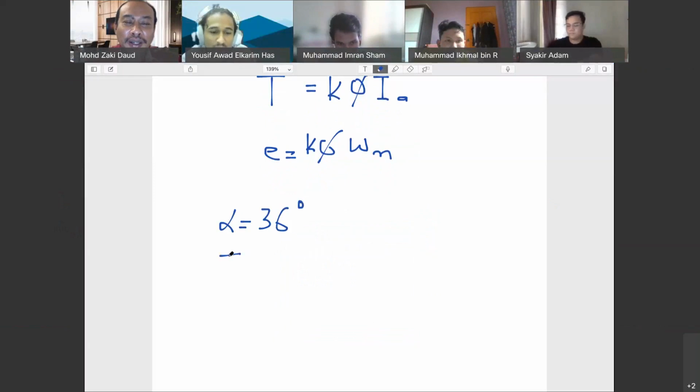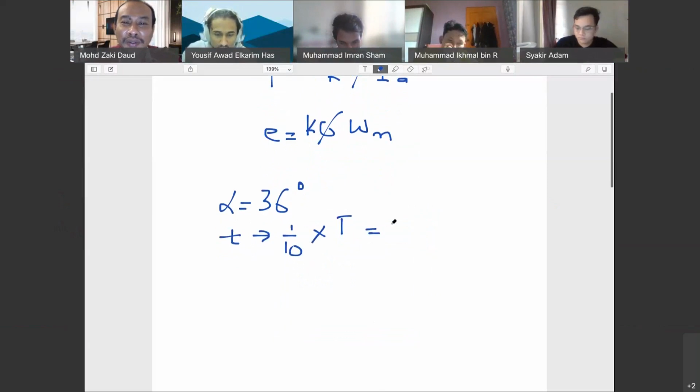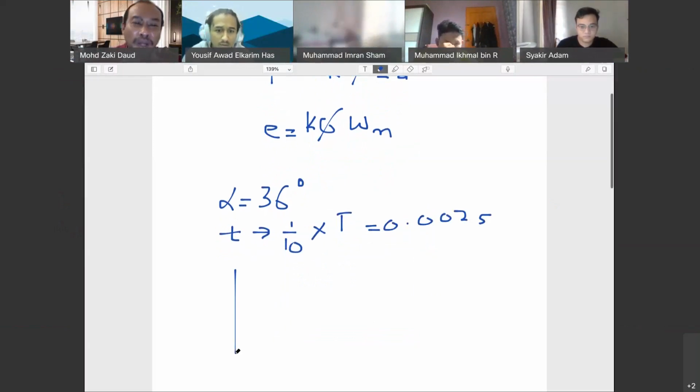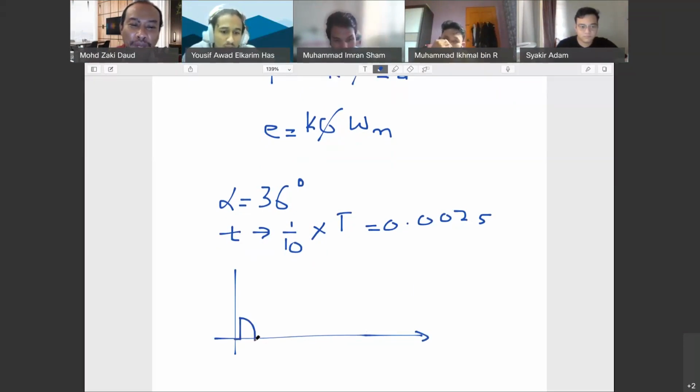So this relates to 1/10 multiplied by T, so it becomes 0.002. Okay, I want to see whether you can show this waveform, something like this. This waveform would be the output of the thyristors, right?